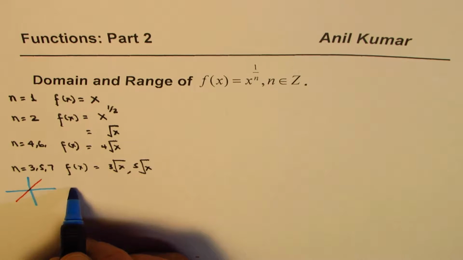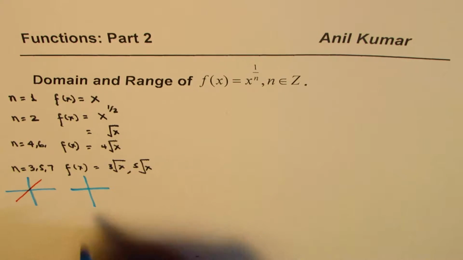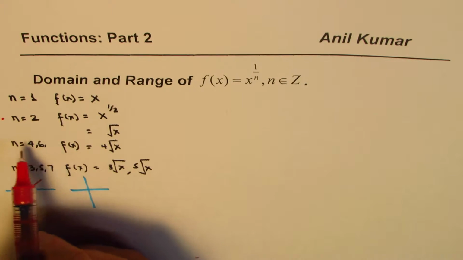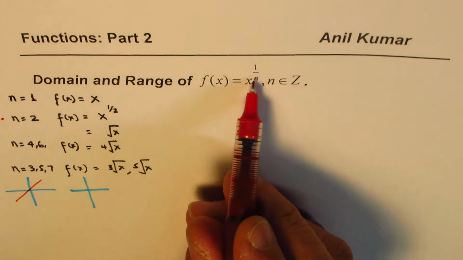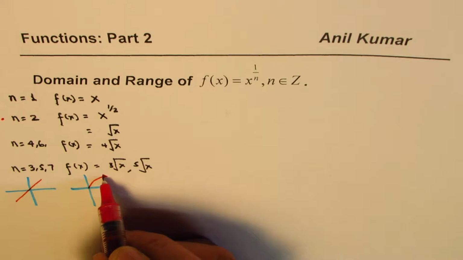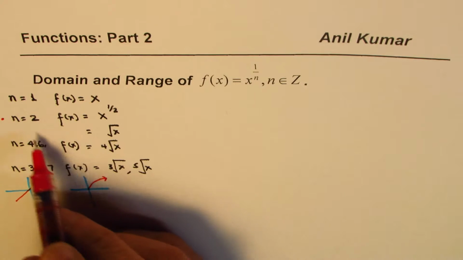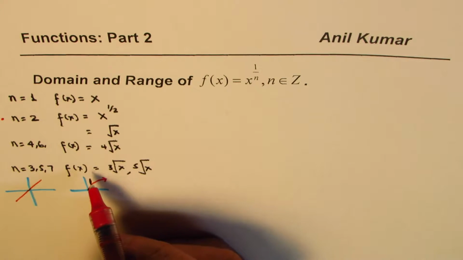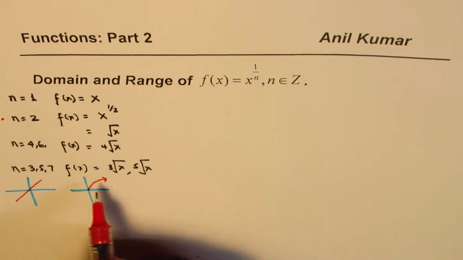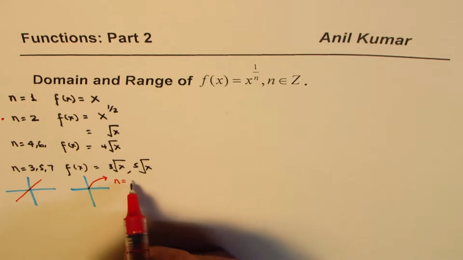Now we can consider the function for even powers, n values even. If it is square root, then the function will look like this. And if it is the 4th root, then the function will be similar, right? So this is when n is even.